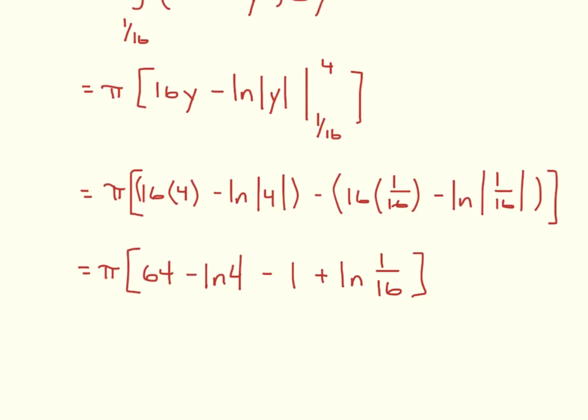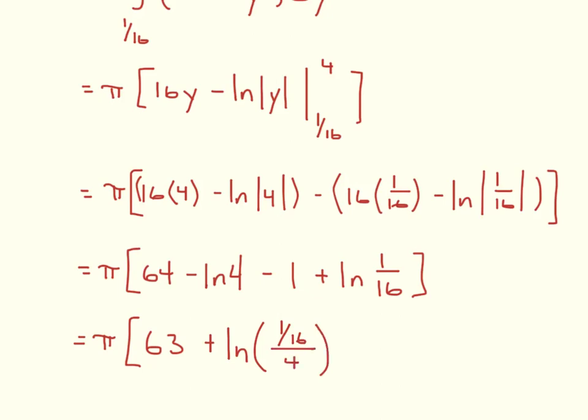Okay, so we can combine some like terms. 64 minus 1 gives us 63, and then if we want to get a little bit fancy, we can combine these two logs using log properties. We're going to get ln of 1/16 divided by 4.